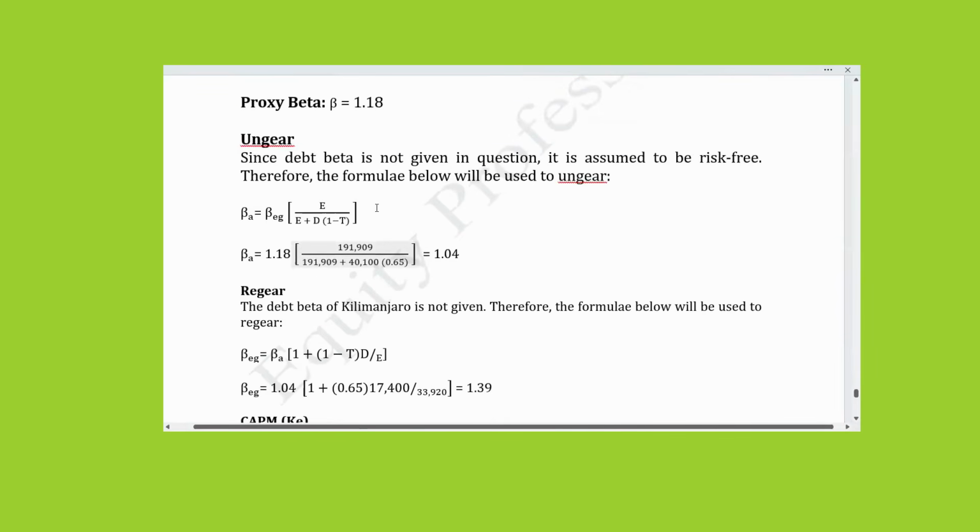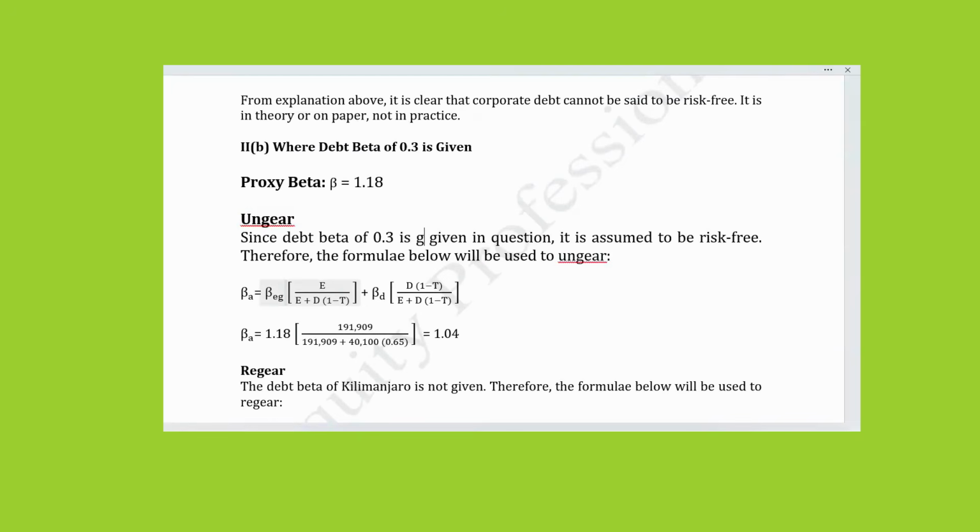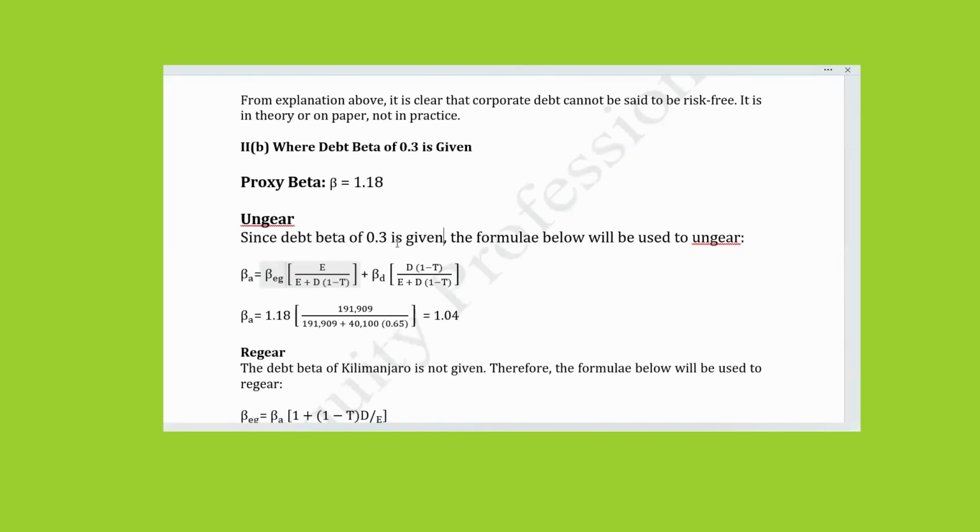So I will then, let me remove this. That means since a debt beta of 0.3 is given, the formula below will be used to ungear.